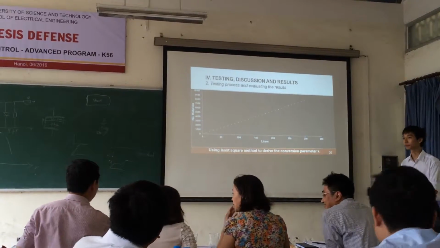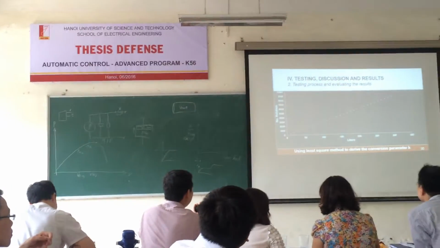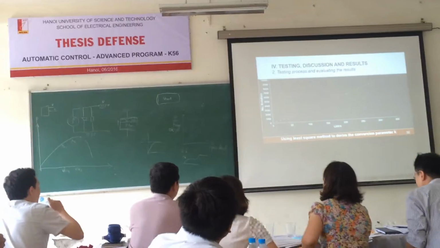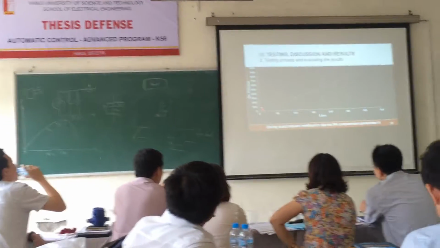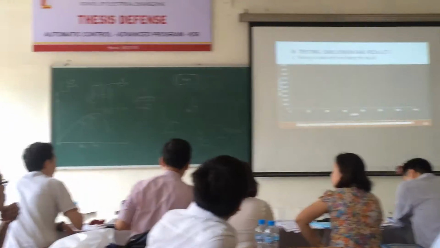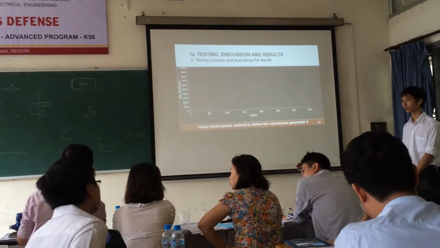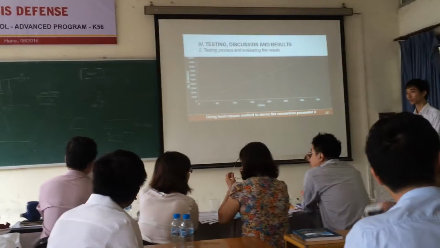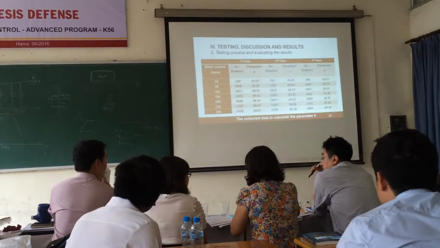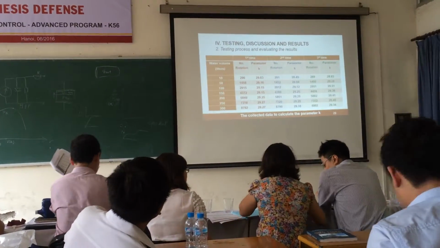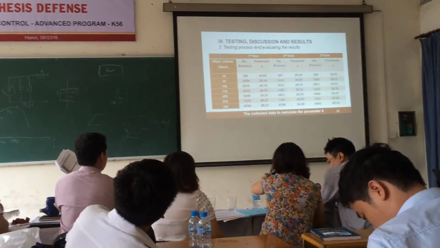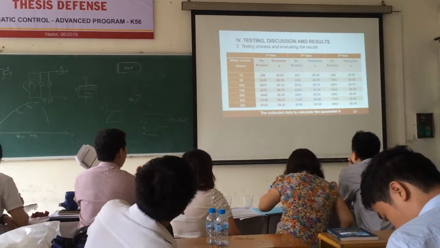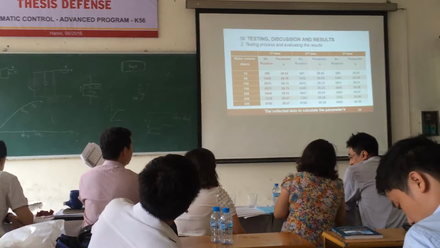Okay, I have one more question about this section. So how can we get this point, for example? Because in the previous page, you have three values. Yes, for 10 meters you have three values, and they are different.